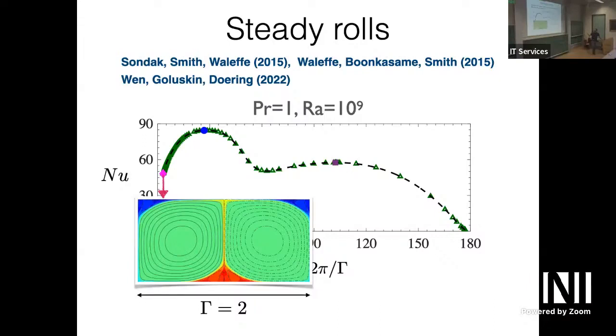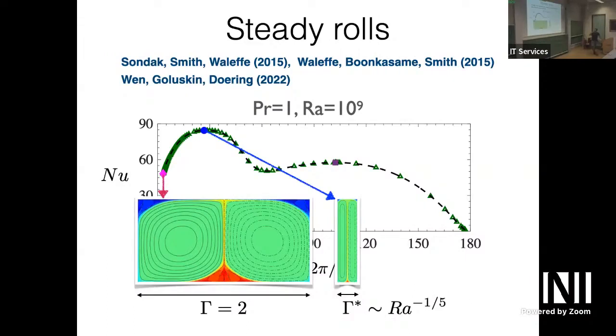So first of all, there's some interesting behavior here. This was originally found in this paper by Sondak, Smith, and Waleffe, which is that you in fact have multiple local maxima of the heat transport as you vary the width of these steady states. But I'm just going to focus on the global maximum here. And I'm going to call the horizontal period of those rolls gamma star.